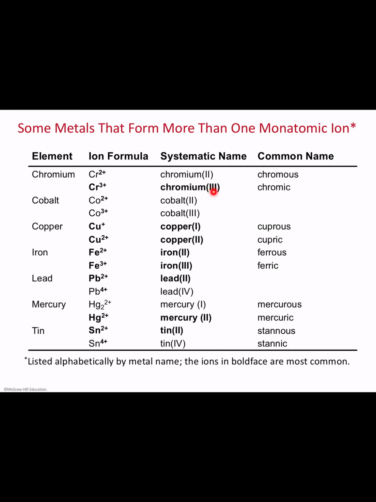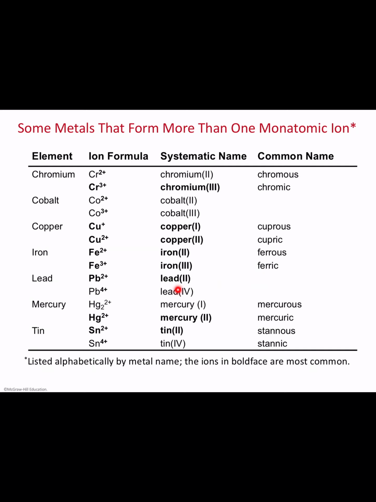If they make more than one, when you are writing the name, you have to say chromium 2 or chromium 3 to identify the charge of the ion. Their common names are chromous and chromic. Always the lower oxidation number ends with OUS, and the higher number ends in ic. And cobalt can be cobalt 2, cobalt 3, cobaltous and cobaltic. And copper, copper plus 1 and plus 2, copper 1, copper 2, cuprous, cupric.